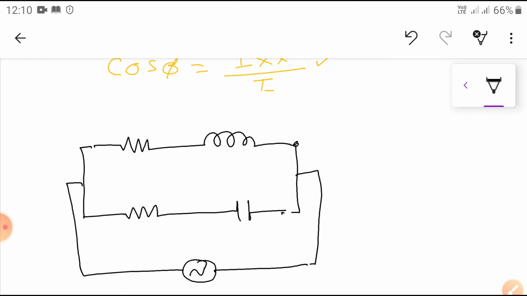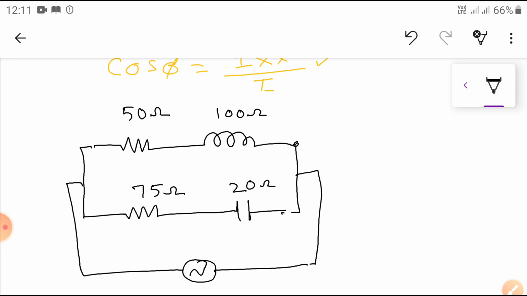Okay. So this is 50 ohms, and here directly the ohmic value is given. So thank God. Now here is 75 ohms, and here also directly given the 20 ohms.